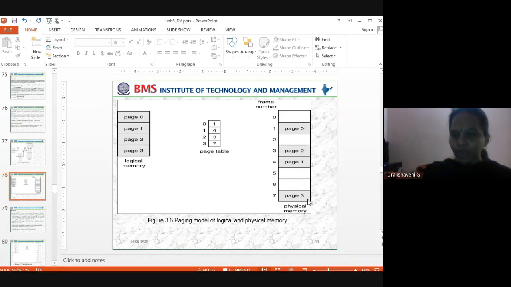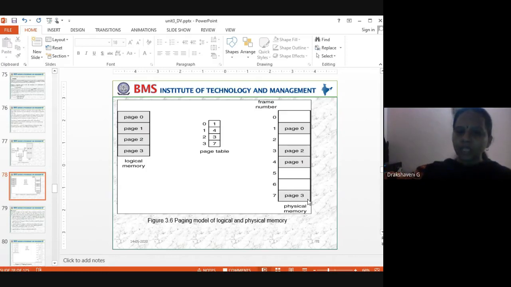Where is page 1? Page 1 is placed in frame number 4 of physical memory. Where is page 3? Page 3 is placed in frame 7 of the physical memory. So this is the explanation of the paging model of logical and physical memory.